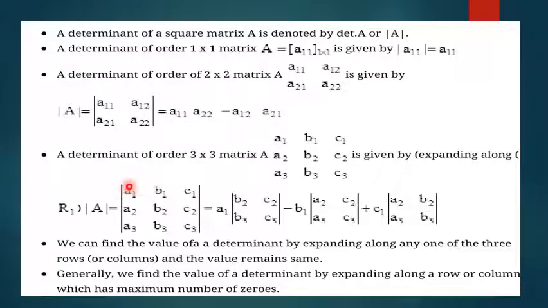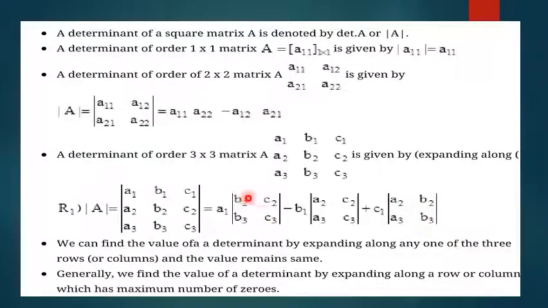Minus B1 into, now B1 is the first row second column. So leave the first row fully, leave the second column fully, and whatever remains write it in determinant form, that is A2 C2 A3 C3, plus C1, first row third column, C1 into, leave the first row and the third column entirely, and whatever remains you write in determinant form: A2, A3, B2, B3.